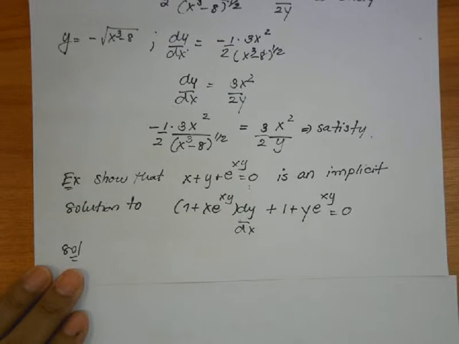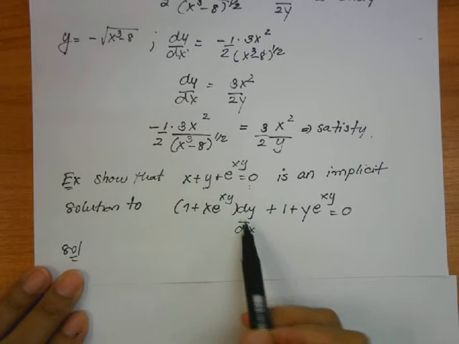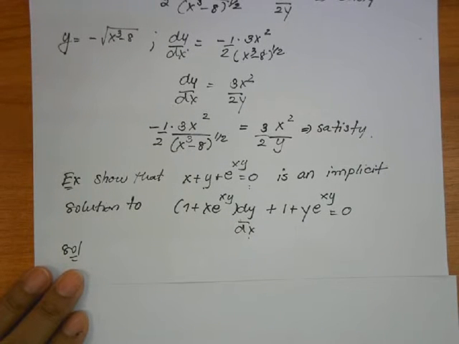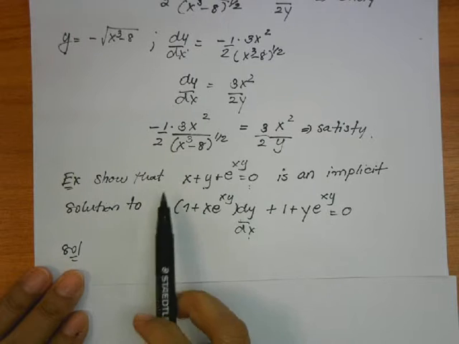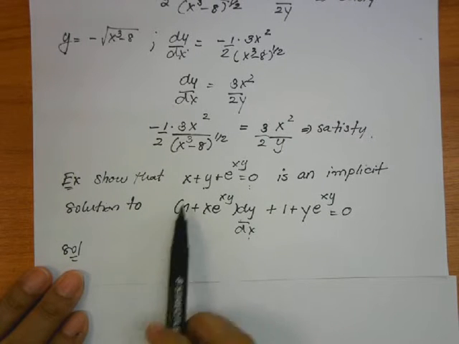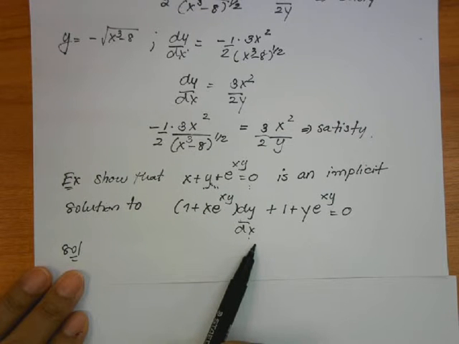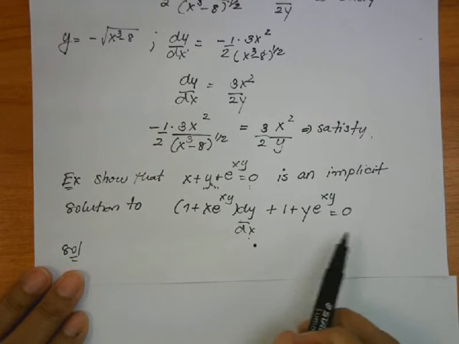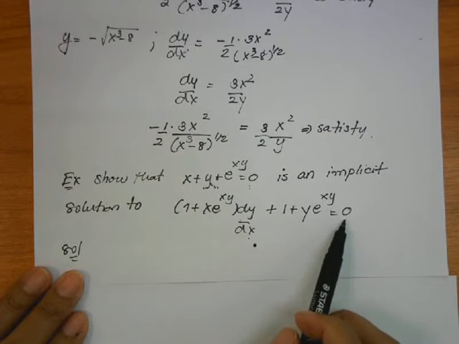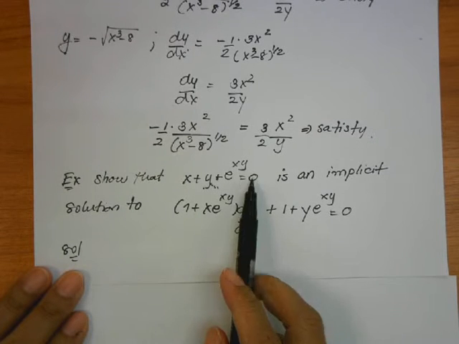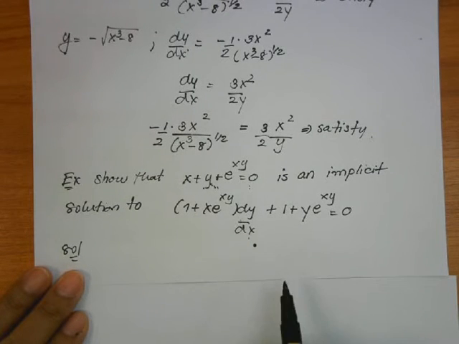And the problem statement is saying that you've got to show that this one is the answer of this equation. So the way that you're going to prove it is to put the meaning of this into here. If it is satisfied with this equation, that means it is the solution of this differential equation.